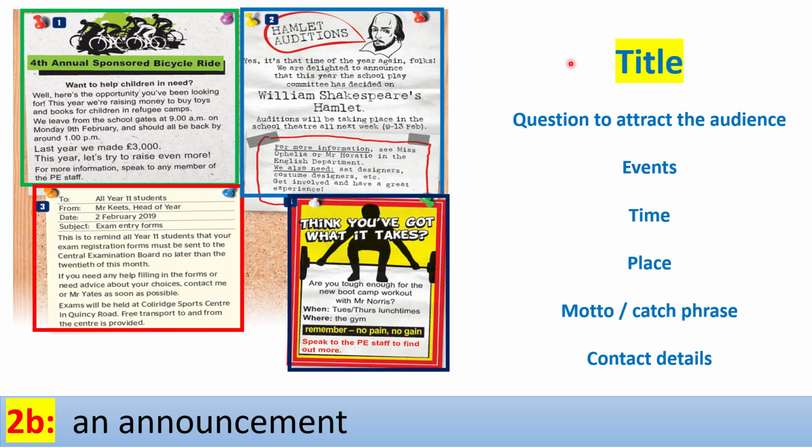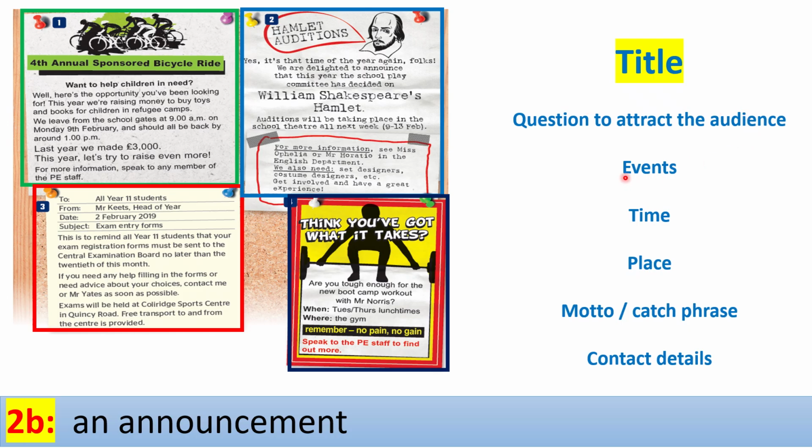But what you need in all cases is a title, a catchy title for your announcement. For example, if you are writing about an announcement related to a club in your school or an event happening in your school, you need a title. Then start with a question to attract the audience or some sentences in the introduction.